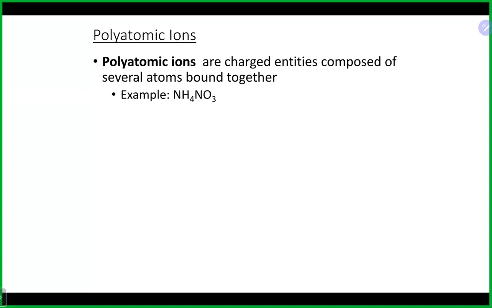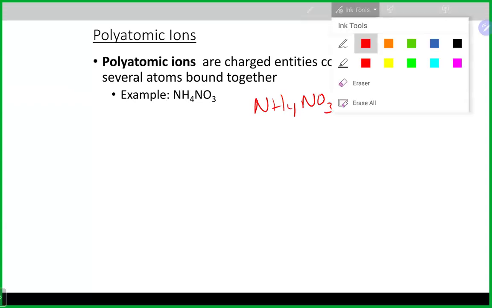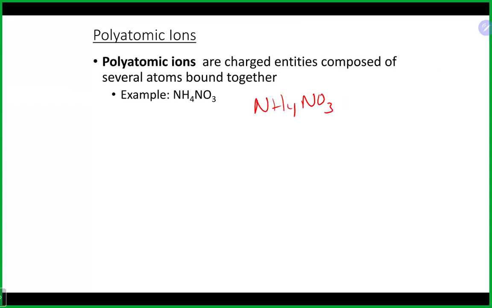So if we take a look at this example here, which is NH4NO3, this is actually two different polyatomic ions together. And if we were to break this guy up, it would be a break up right about there. And we have one polyatomic ion, which is NH4+. And that one nitrogen and those four hydrogens are all staying together.